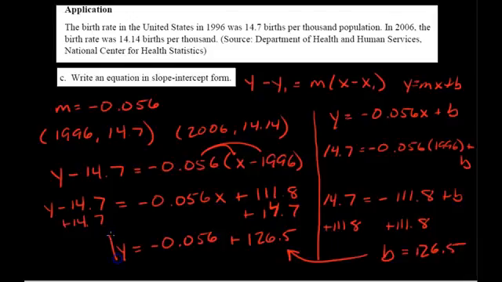So this is one of our possible linear equations to model this information. Y equals negative 0.056x plus 126.5. Okay, so that's one of the possible equations.